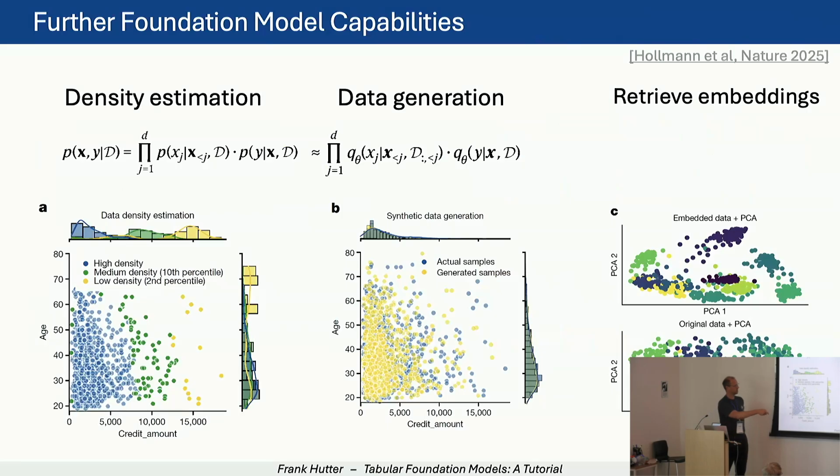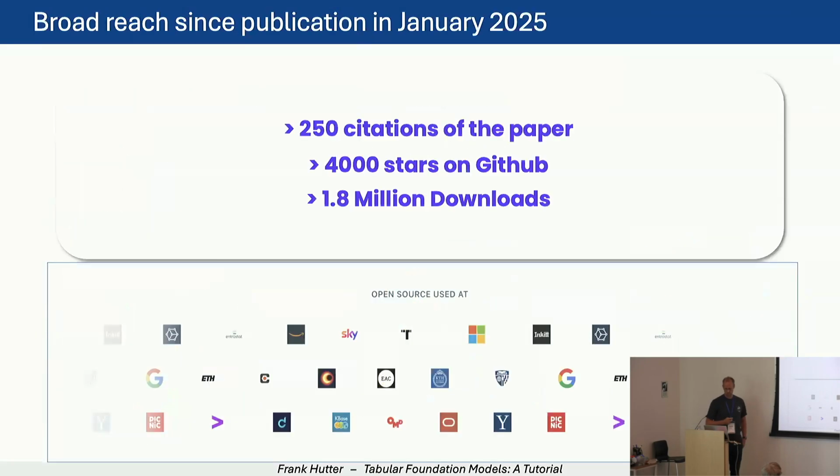And for example, here's a PCA on the original embeddings and a PCA on the TAPFN embeddings, and it just clusters the data points much nicer. All right, yeah, and it has had quite a lot of impact. So 250 citations, 4,000 stars, and 1.8 million downloads, being used by a lot of people in the community. So that's why we care about this and why we want to put this into our solvers.